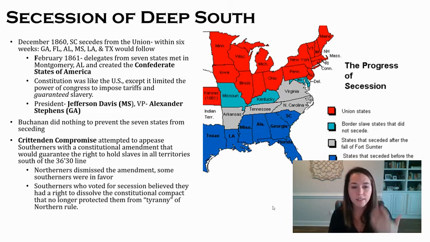In this case, for Southerners, in these southern states, they had representation. It just so happened that they were in the minority and that they had lost.